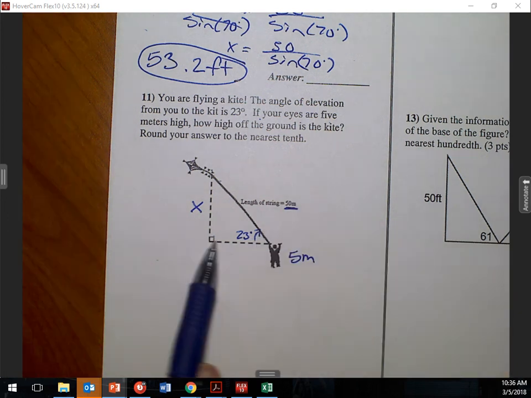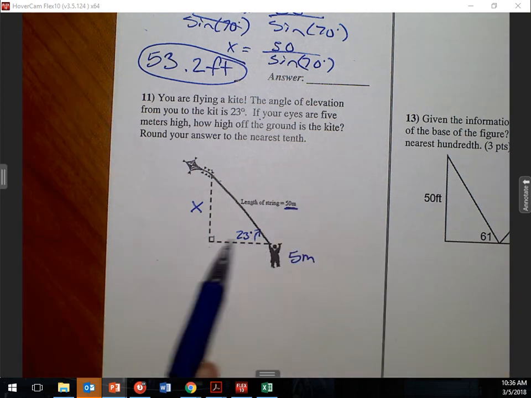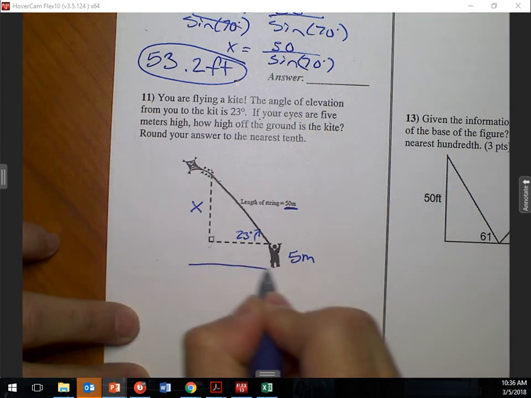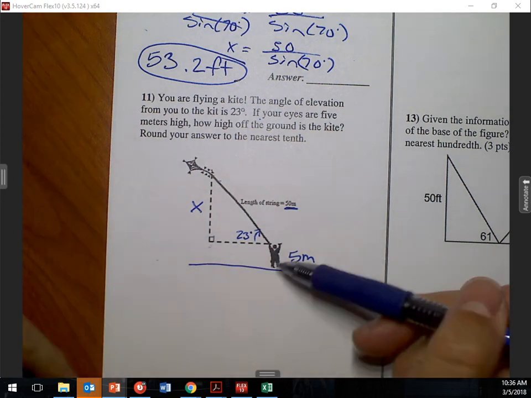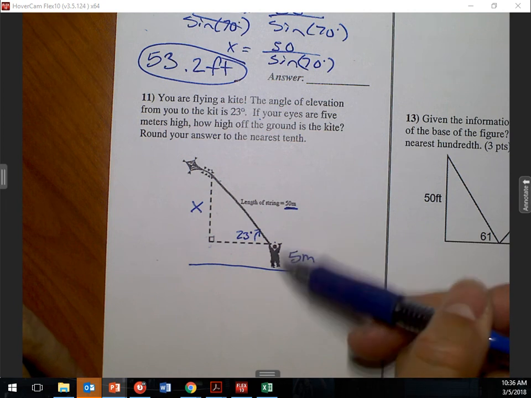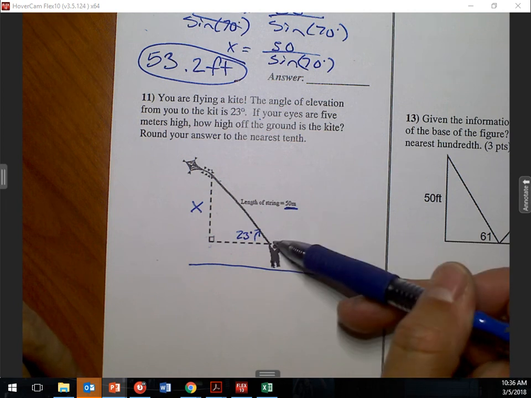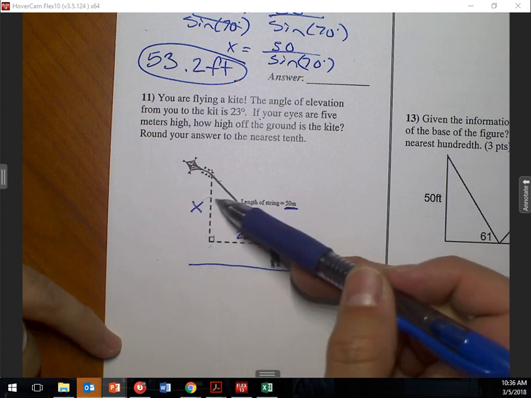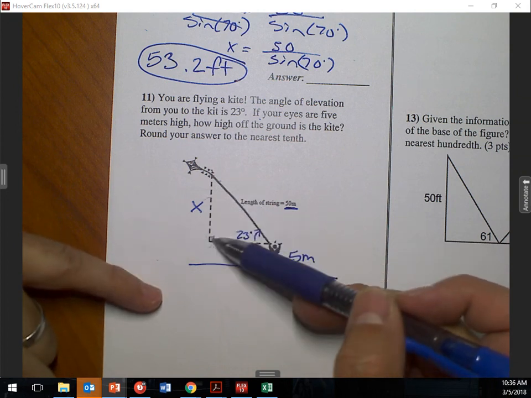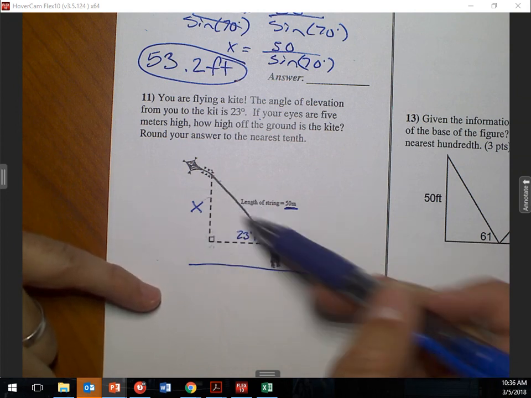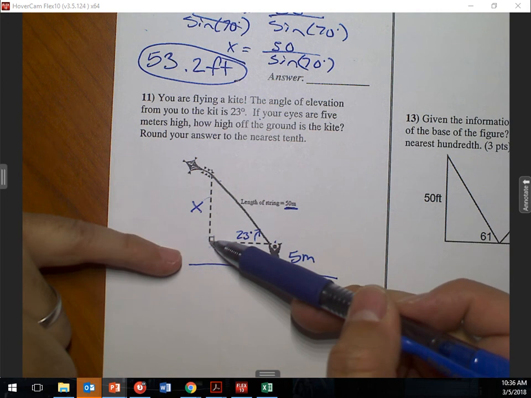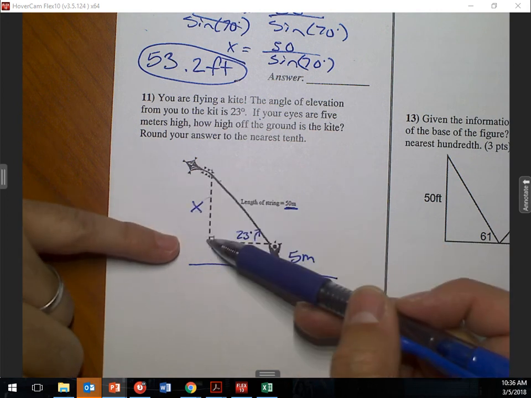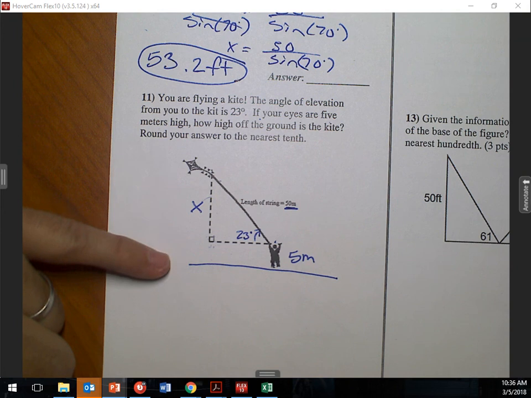Isn't this person off the ground right here? If this is the ground, this person is apparently 5 meters off the ground, which is where this triangle starts. So once I find this value right here, I need to add 5 because the triangle doesn't start on the ground. If the triangle started on the ground, then I would just find this. But once I find this, I have to add 5 to that.